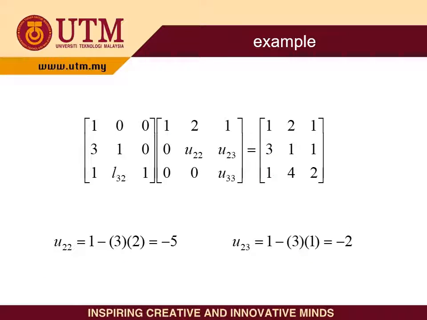For this step, we need to find U22 and U23. For U22, if you look back to the equation, it will be A22. Now we need to subtract because we have two terms there.